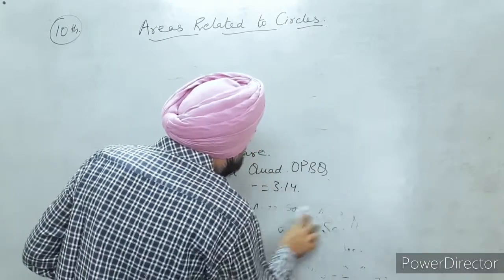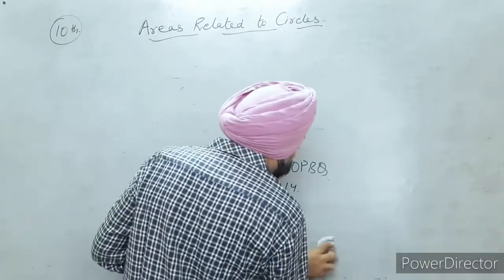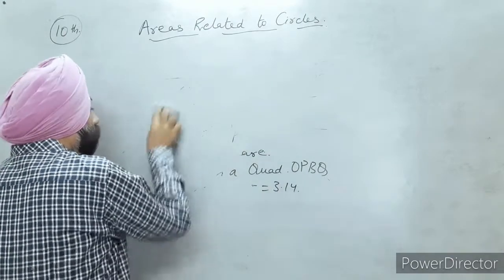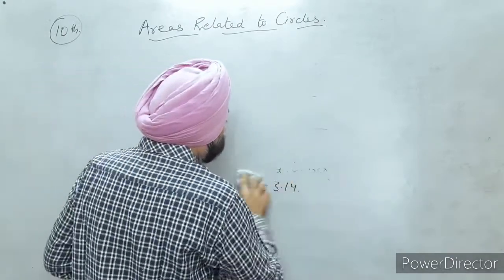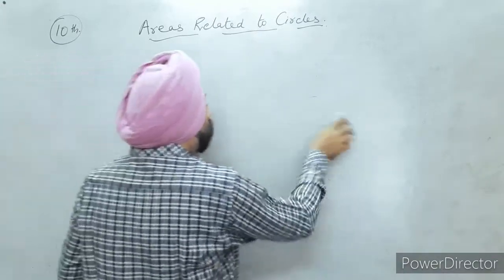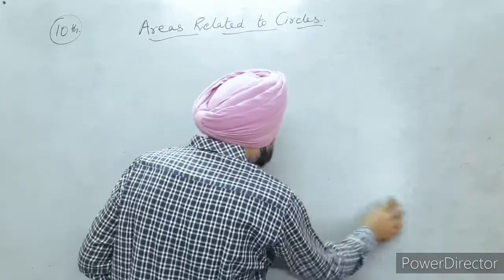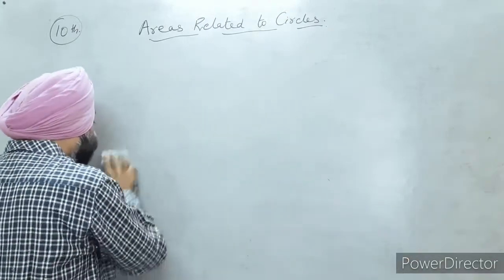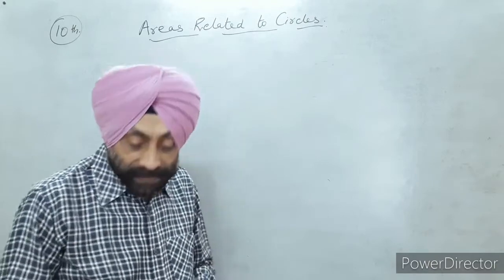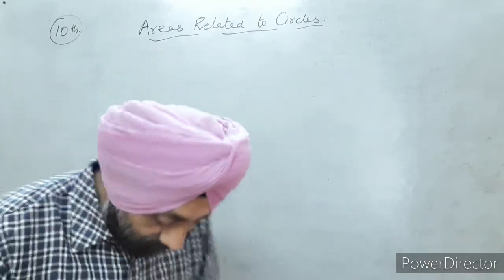We have to calculate the remaining areas of the figures. They can be calculated only by drawing the figures first and then applying the appropriate formulas which we have already covered in this topic. Now the second question is this.